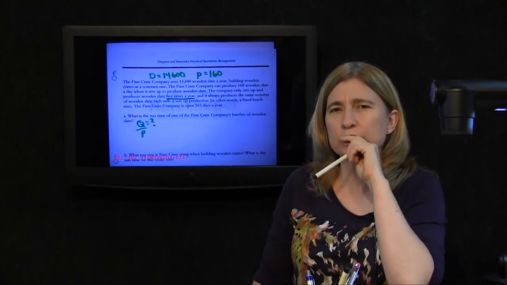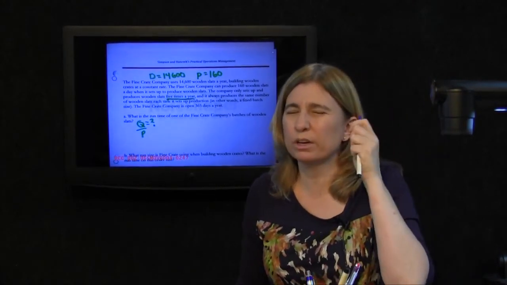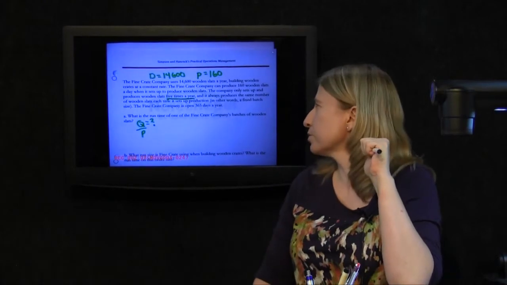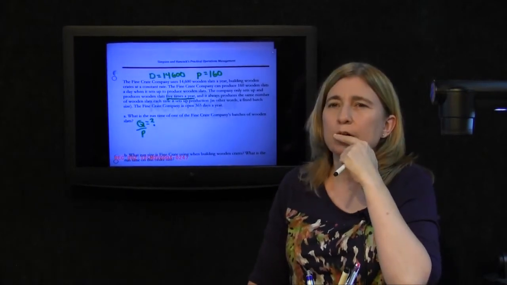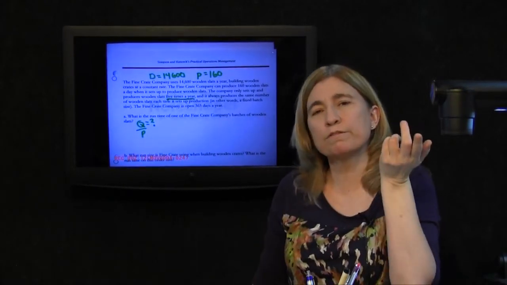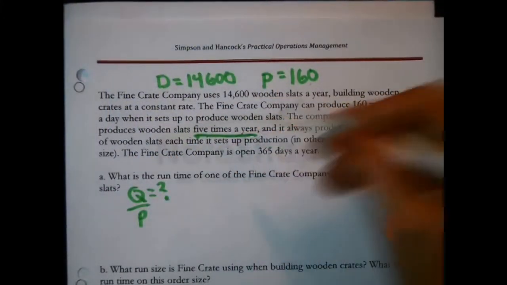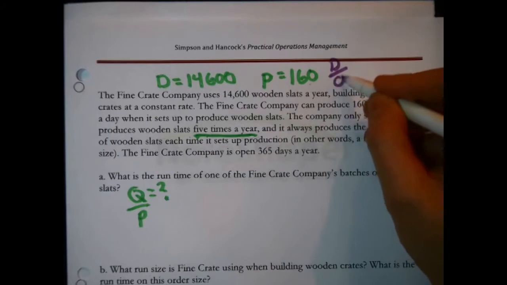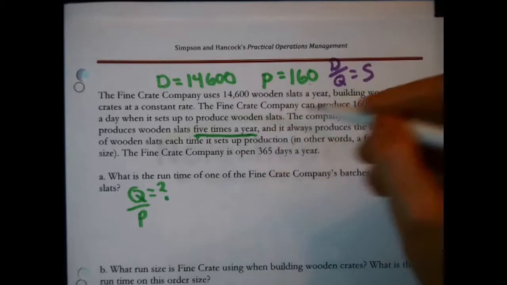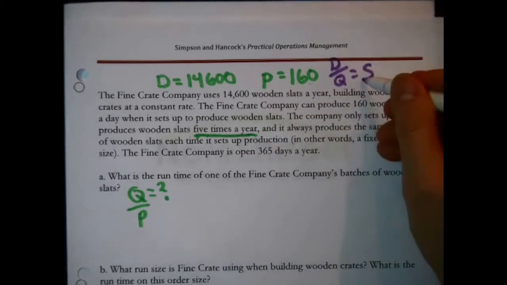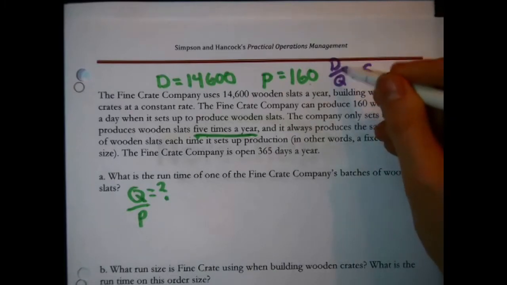They're already using it. I just need to surmise what it is. And the key is the business about 5 times a year, because they told me the frequency of ordering. I was told D divided by Q. It's 5. They set up and produce 5 times a year. That's the frequency of ordering.